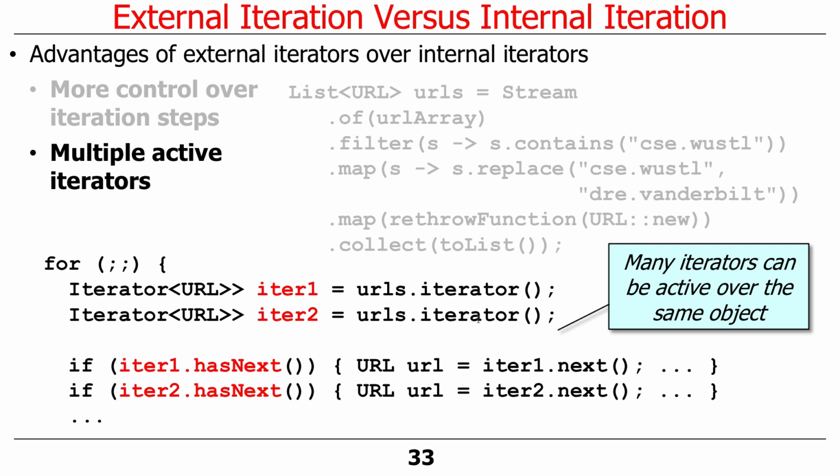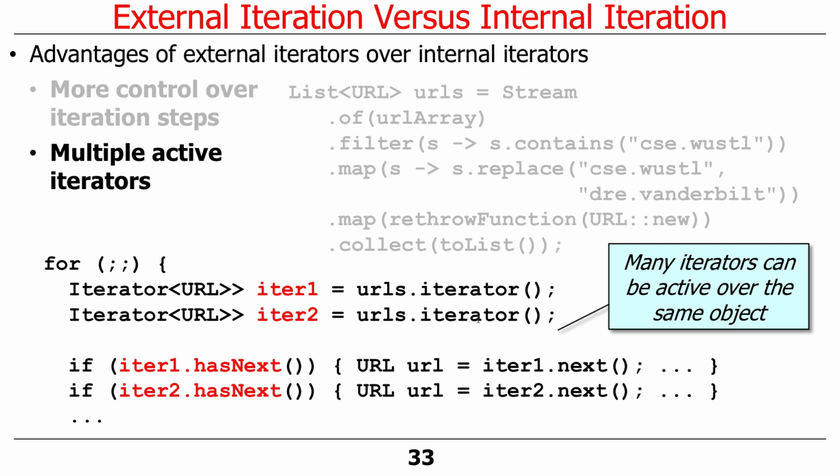Another thing you can do with external iteration is you can have multiple active iterators going through a collection at the same time. So you could actually have the same, let's say URLs is the array, and we're going to have multiple iterators that are iterating through this thing at the same time.